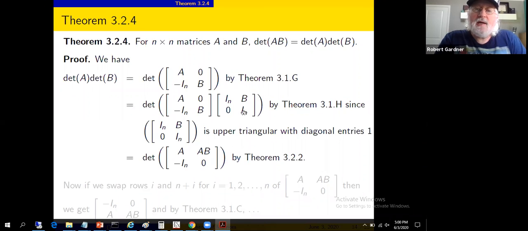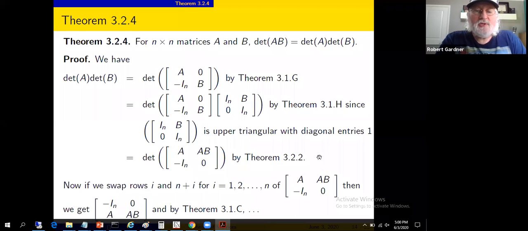Second row, second column would give us negative identity times B, that gives negative B, plus B times the identity, plus B. Negative B plus B gives us a 0 down here. And that's why we chose the negative signs. But Theorem 3.22 confirms this for that matrix product.